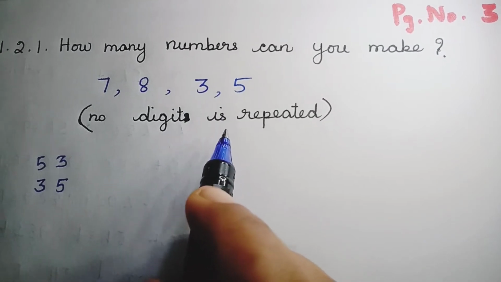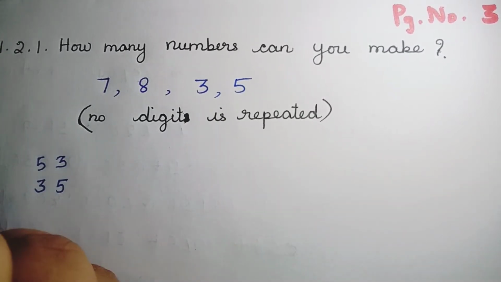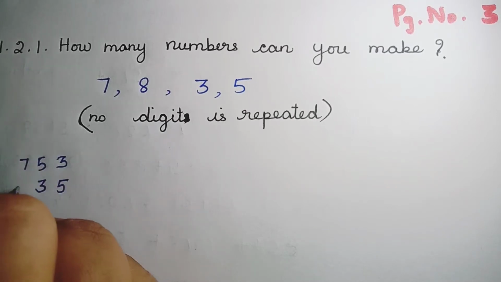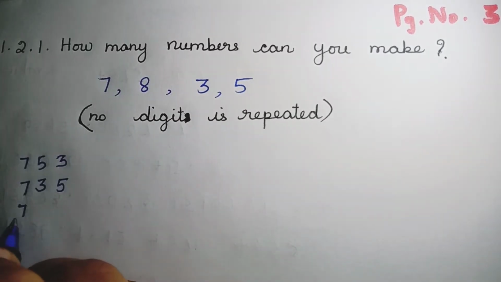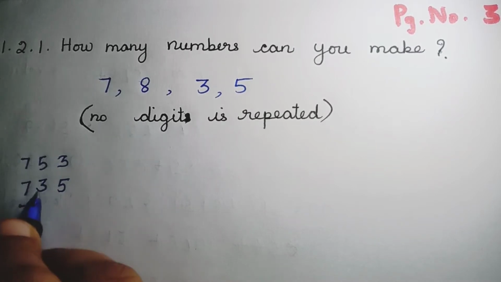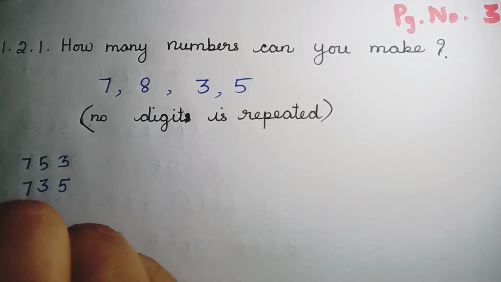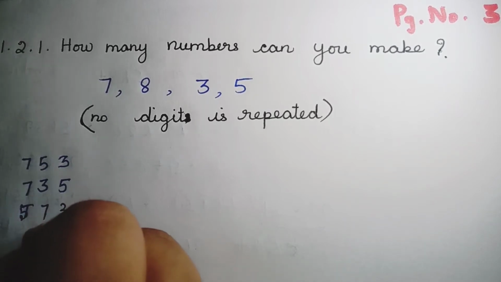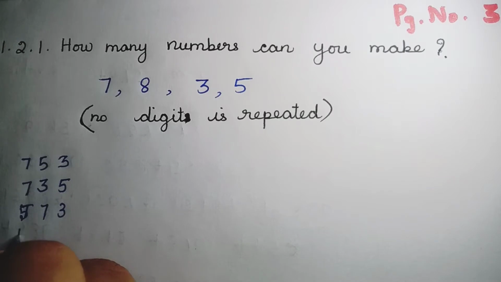When you include another number, when you have 3 digits, imagine you have 7. Now we are finding the possibilities of 3 digit numbers. Write down the second number, that is 5, 7, 3. Then another number is 5, 3, 7.